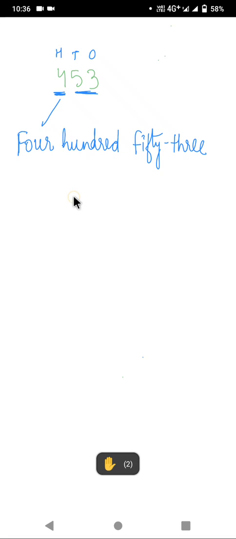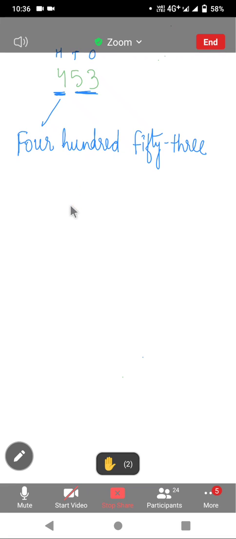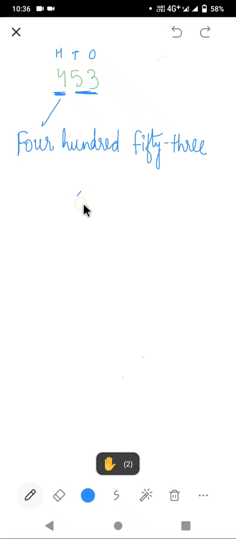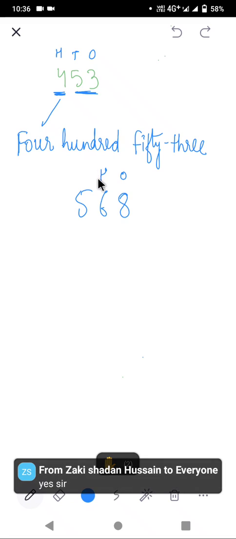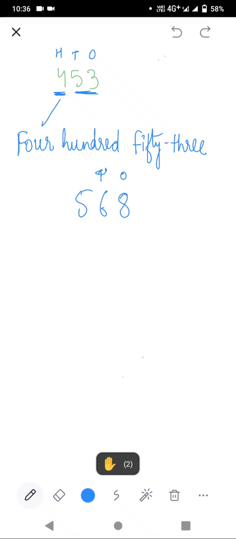So let's take another number. This is ones place, then tens and hundreds. So we'll split this number into two parts.